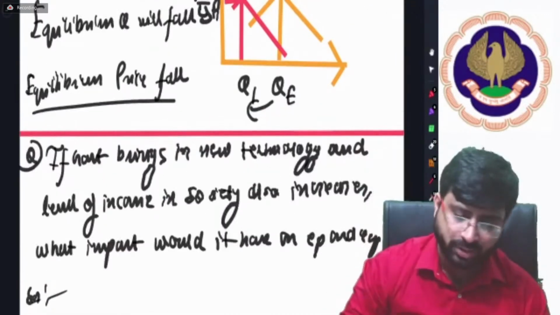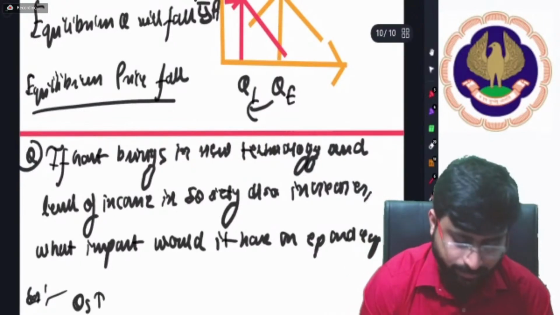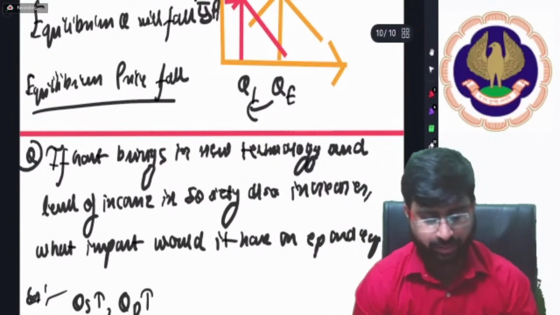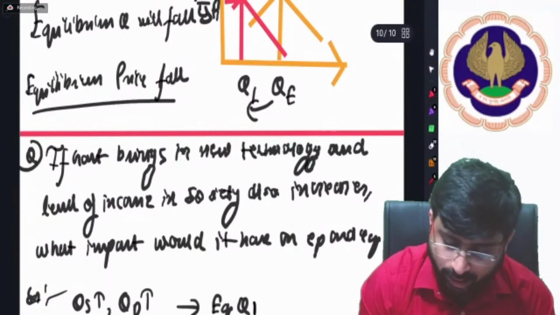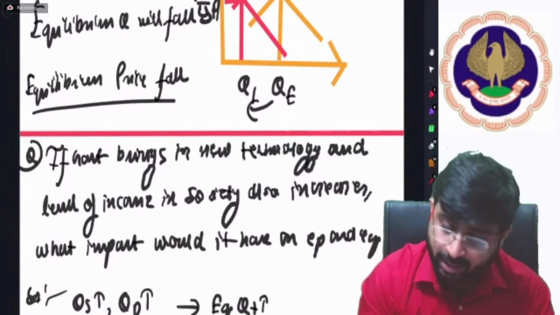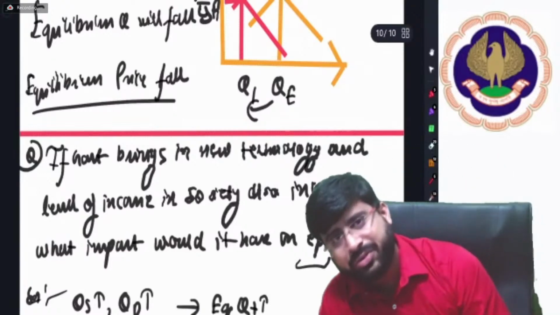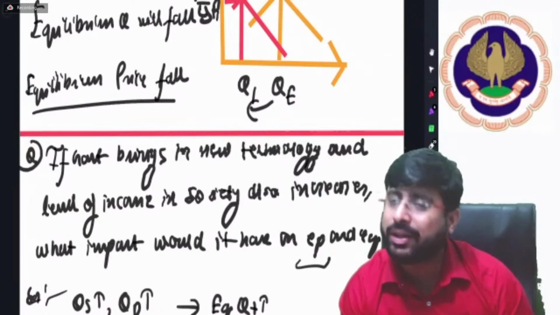So my dear friends, new technology, quantity supplied will rise. Level of income, quantity demanded will rise. So it seems that overall equilibrium quantity will rise. But in price, you cannot say equilibrium price is going to rise.